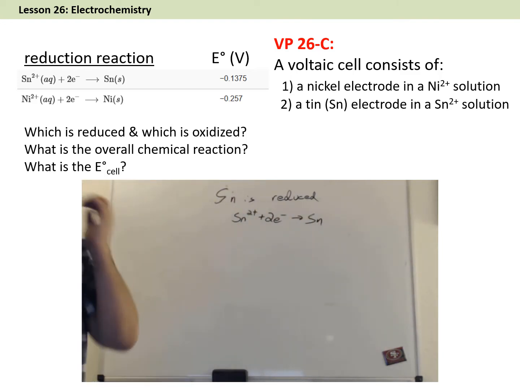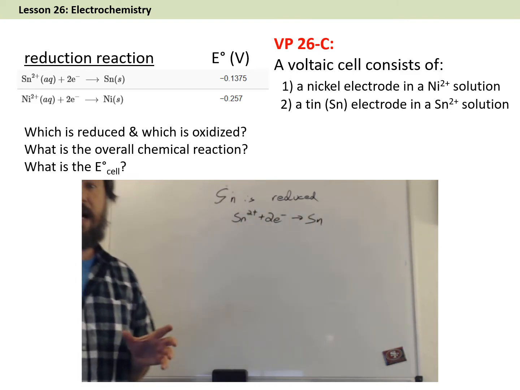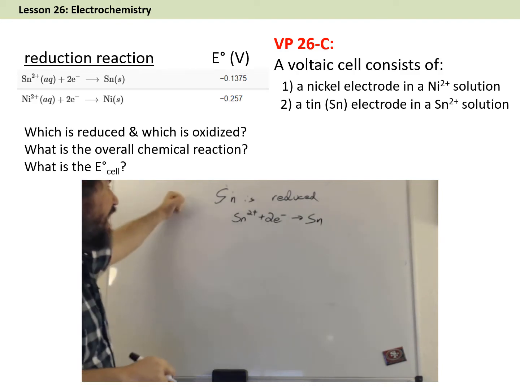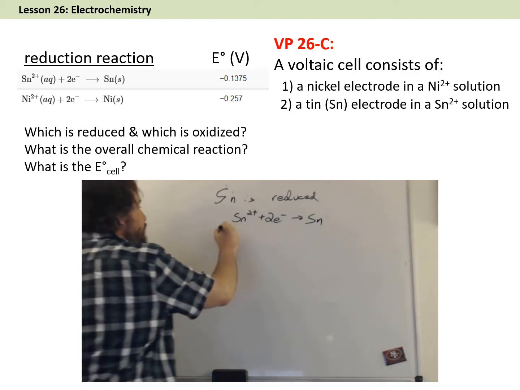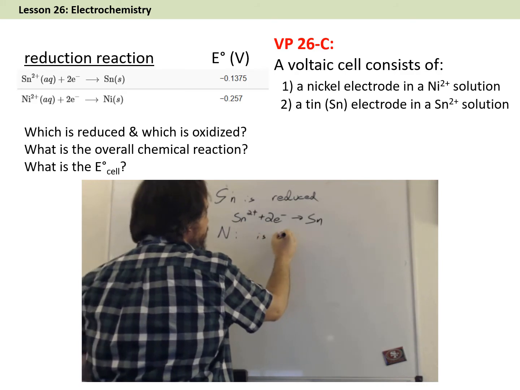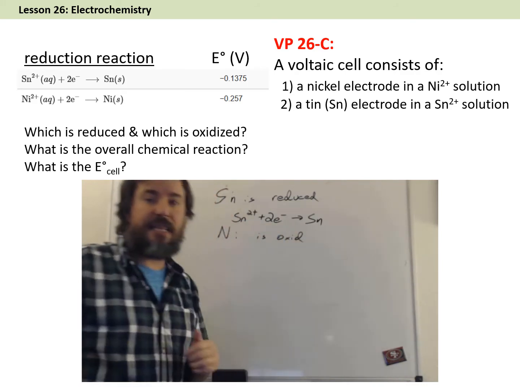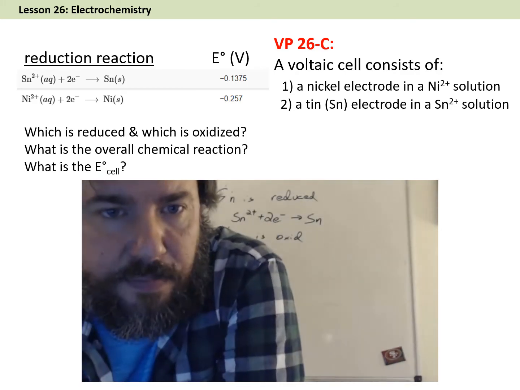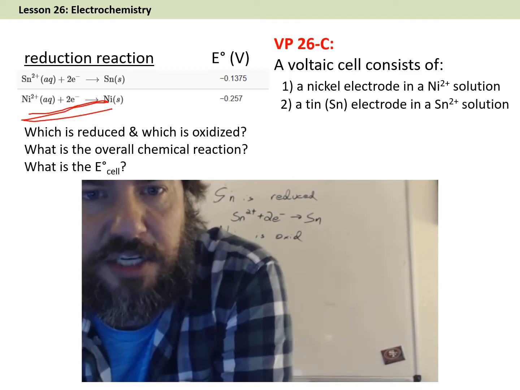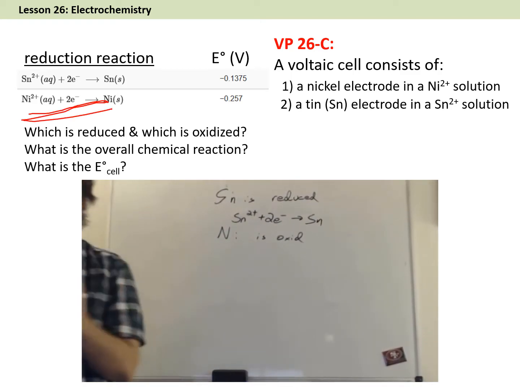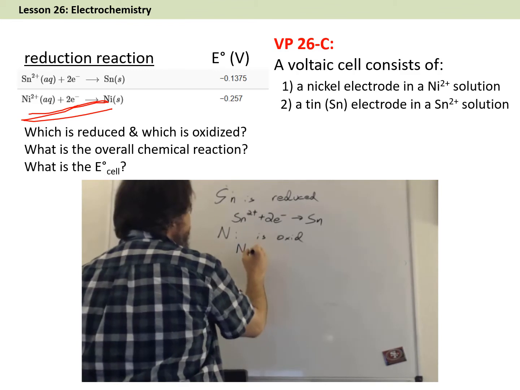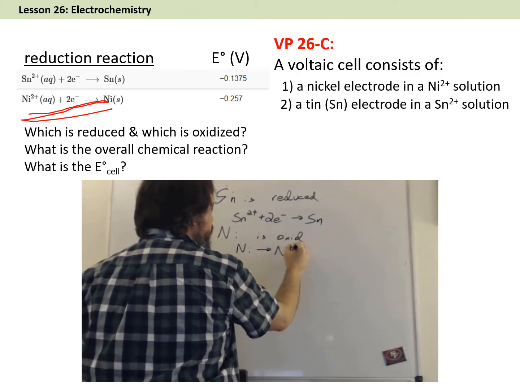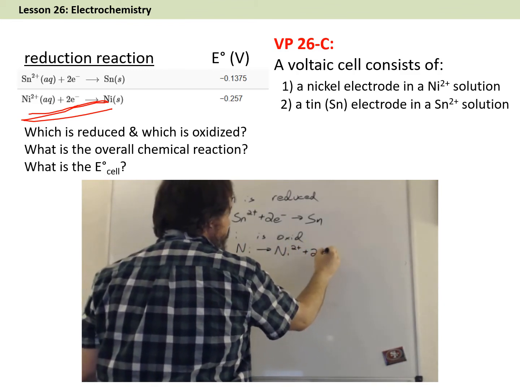What gets oxidized then? The one that doesn't get reduced gets oxidized, so nickel is oxidized. That's my reduction reaction. The oxidation reaction is going to be the flip, so nickel going to nickel 2+ plus 2 electrons.